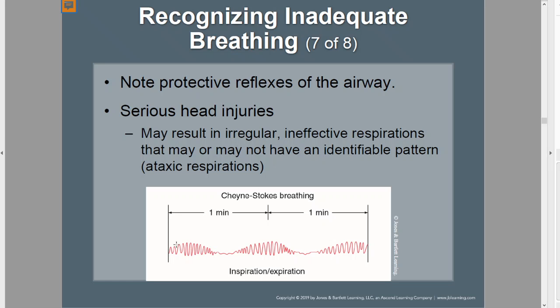So this is the rhythm, and then they become apneic, and then they start over again. So their breathing increases a little bit, starts decreasing, apneic. Then they start up from there, breathing a little more, and then they start falling off again.